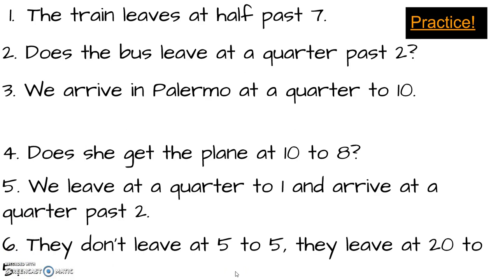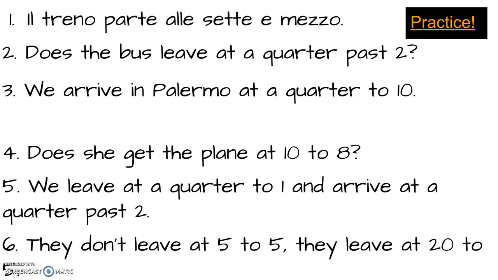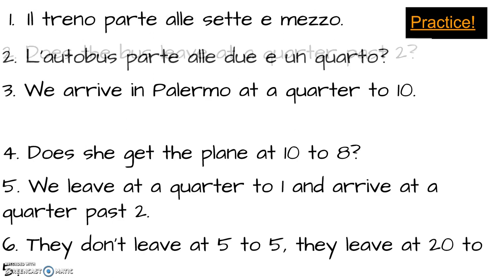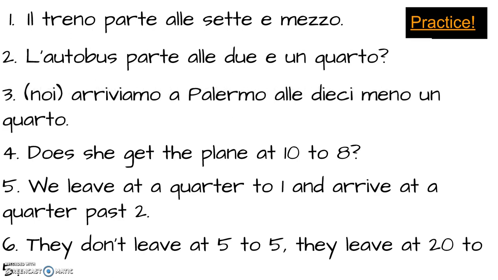So time to check the responses now. Number 1, il treno parte alle 7:30. Number 2, l'autobus parte alle 2:15. Number 3, noi arriviamo a Palermo alle 10 meno un quarto.